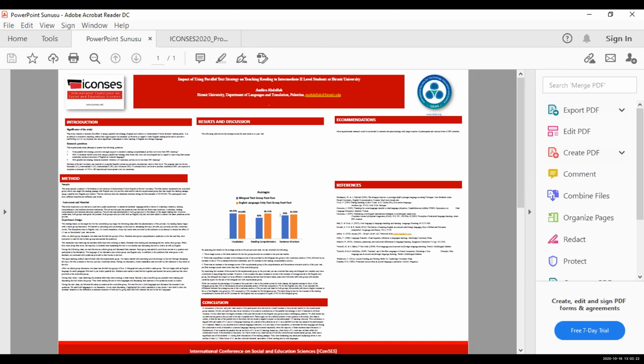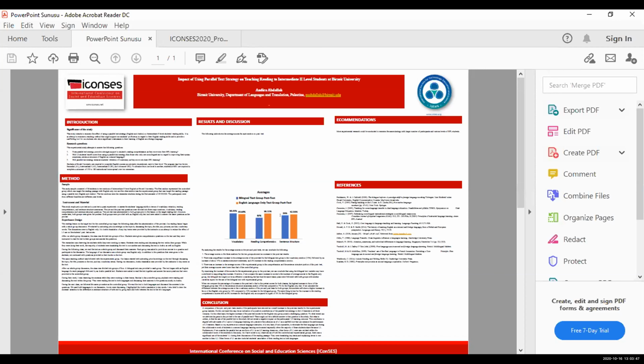Both groups had higher scores in their post-tests. As for my experimental group, there was a significant increase in their vocabulary by 13% compared to their pre-test, 10% in sentence structure, and 4% in their reading comprehension.